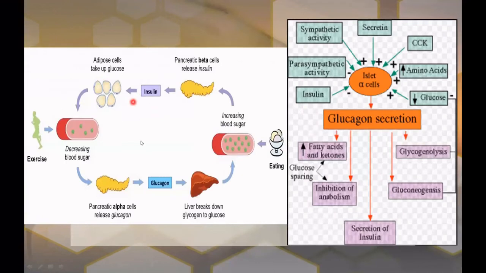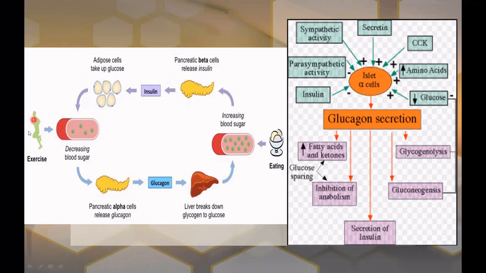So this is the figure where you can see that, consider your system where you have had food, and when you have had food your blood sugar concentration increases, and this signals the pancreas to release insulin. So the insulin will stimulate the adipose tissues to take up the glucose so that it decreases the blood sugar concentration.